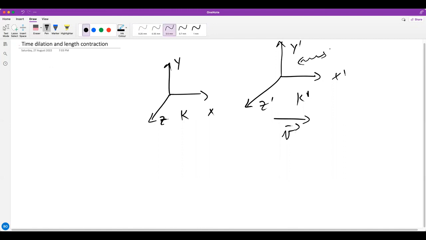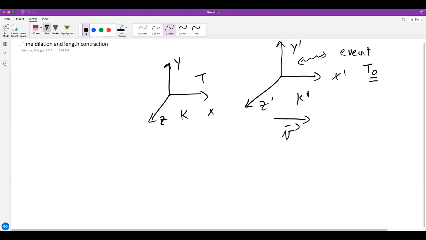So for the same event, one observer will measure a time that we call t0, and the other will measure time t.